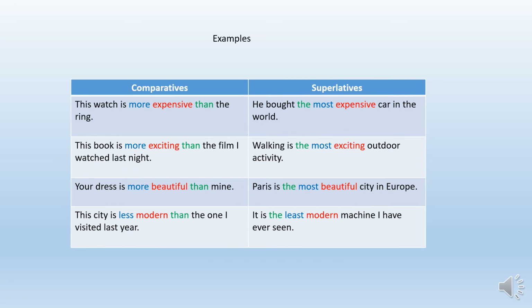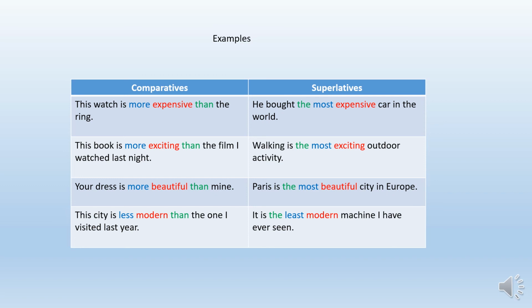Okay, so this watch is more expensive than the ring. So here again we have more plus the adjective, and after that we have than, and here I'm comparing the watch with the ring. The other example here, he bought the most expensive car in the world.